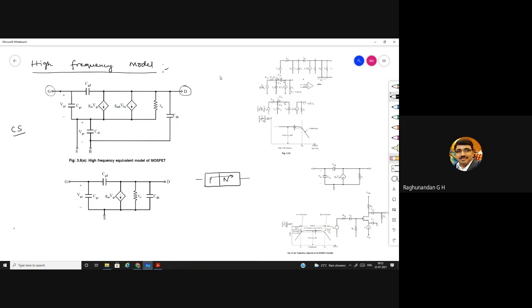In this condition, do you think that there will be some reverse current also which will be flowing, or you think that there is no such reverse current?